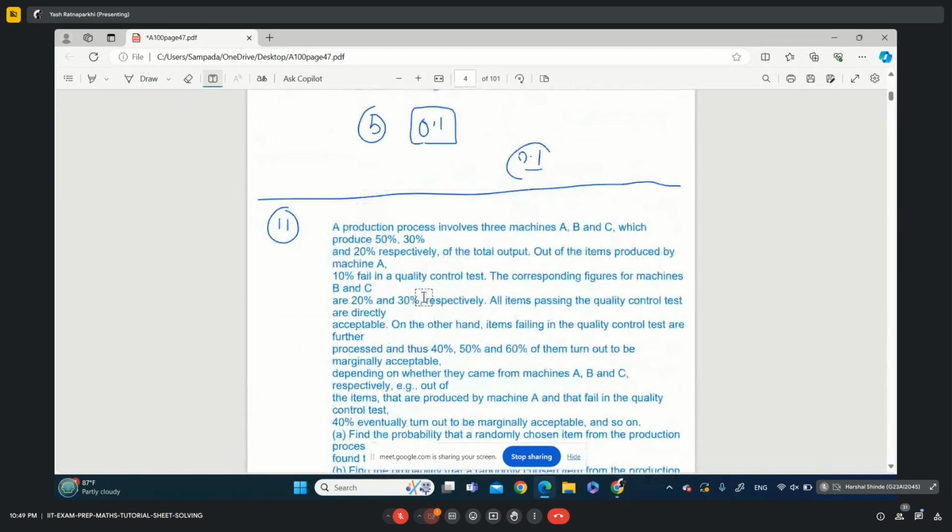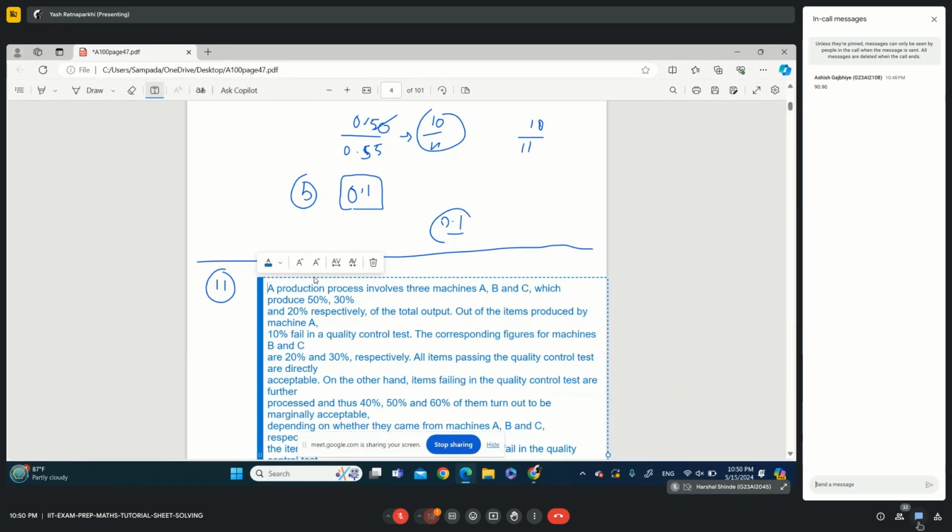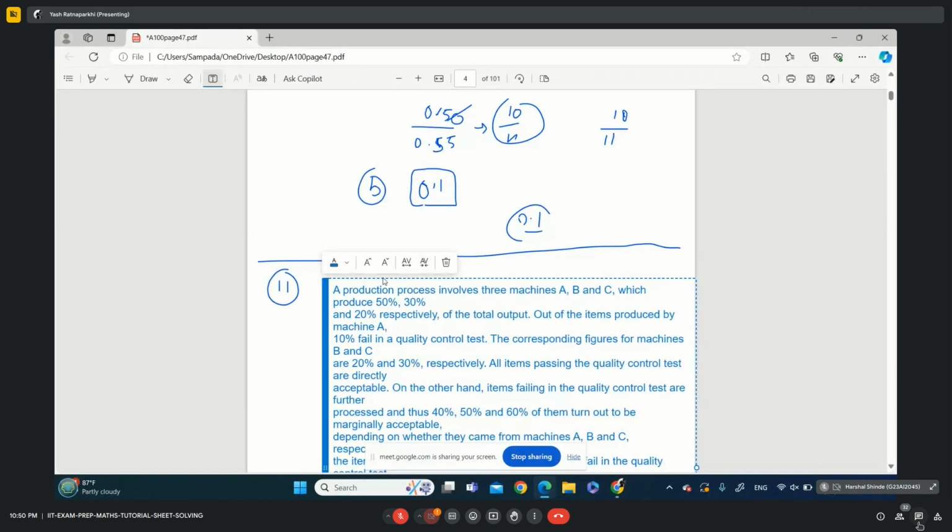Okay, but in the solution sheet, something else is there. Oh, is it? Let me check. Just check the solution sheet because it says something else. Okay, it says here's the probability.